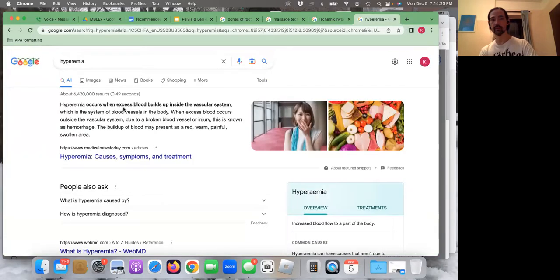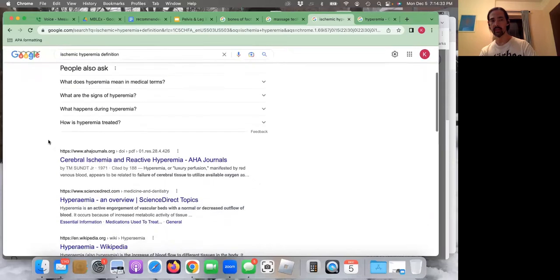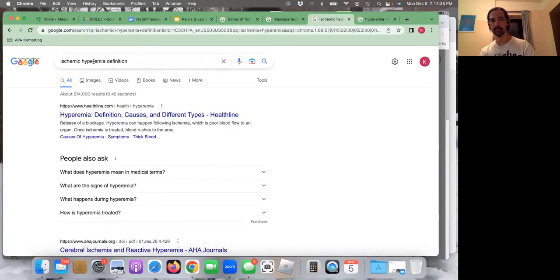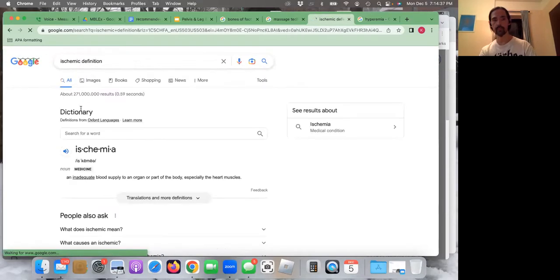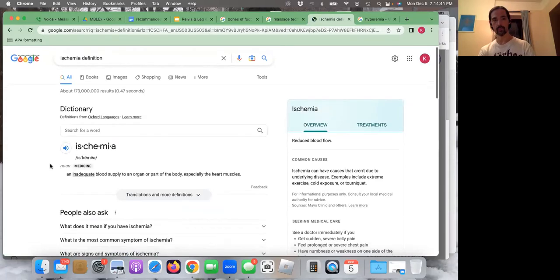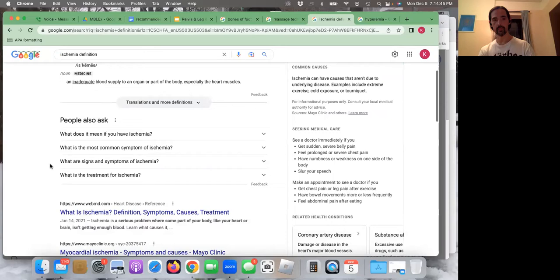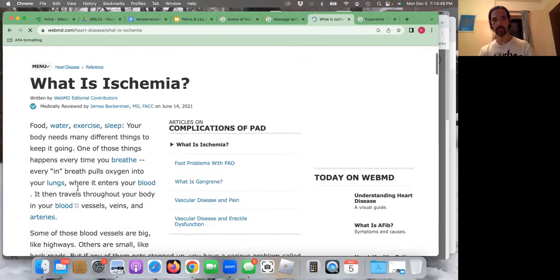So hyperemia occurs when excess blood builds up inside the vascular system. Whereas ischemia, maybe I missed it.